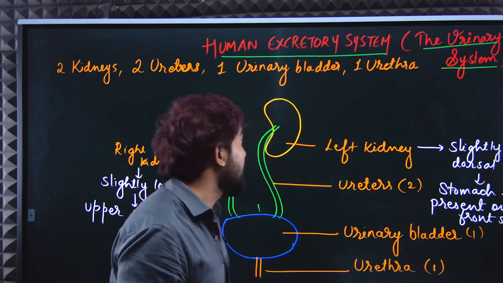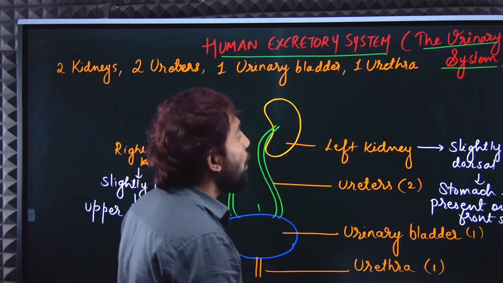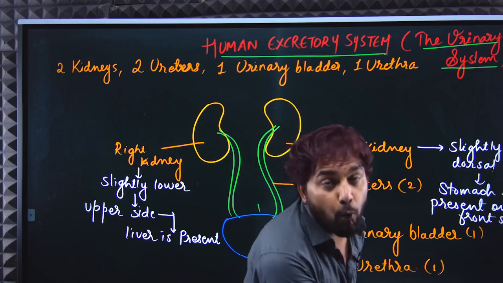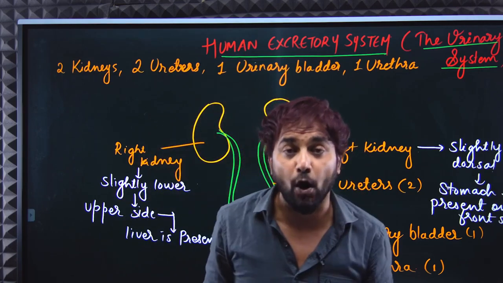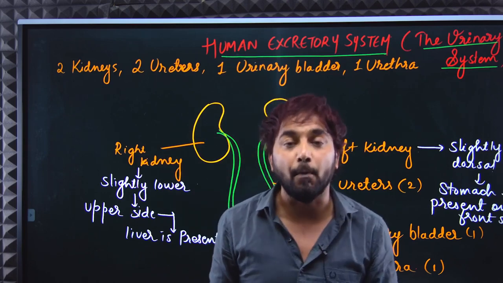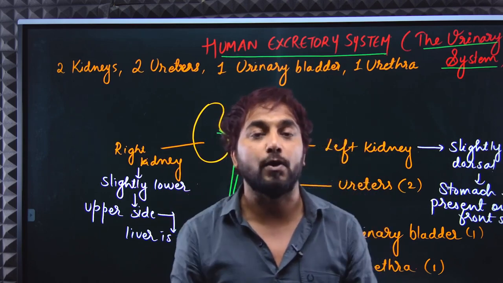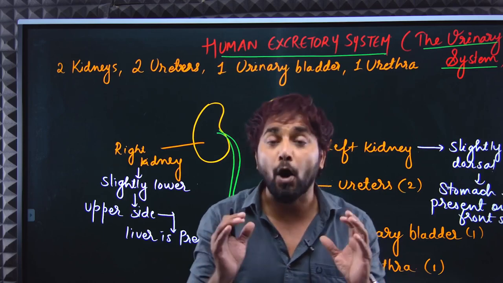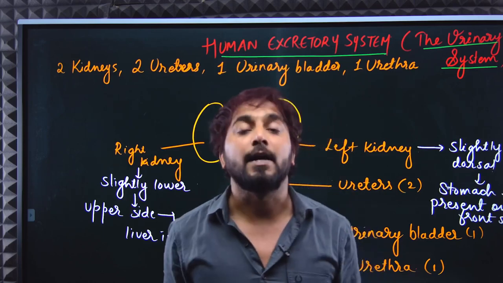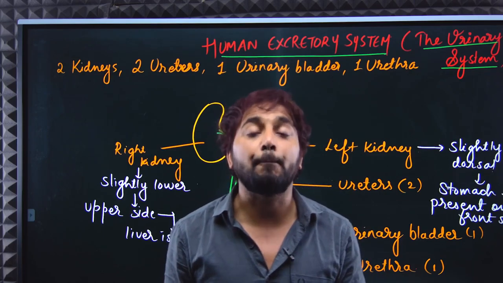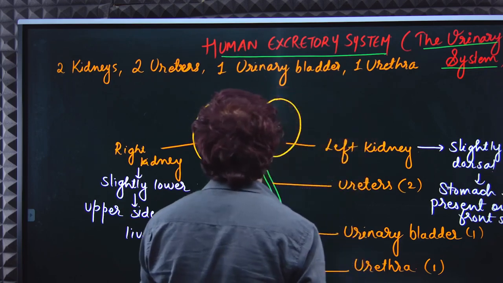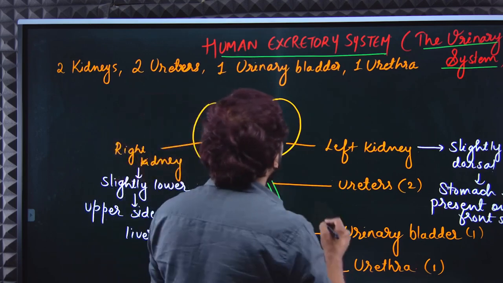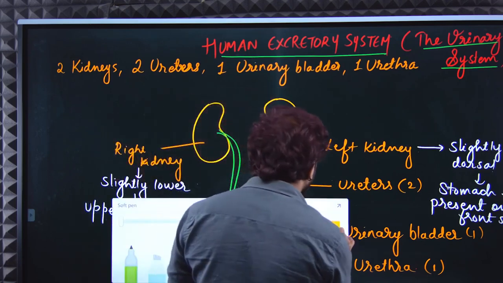This is the placement. Okay, so one kidney is made up of 1 million nephrons. So two kidneys are made up of 2 million nephrons. So how many nephrons are present approximately in a human body? Approximately 2 million nephrons. Then you have the next one, the function of the kidney.